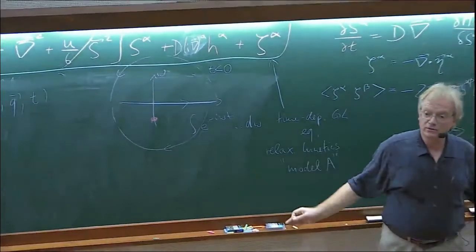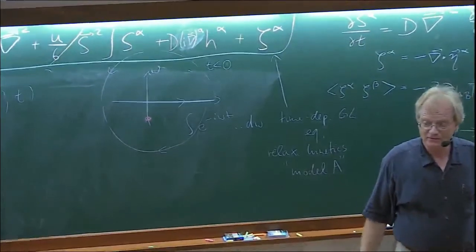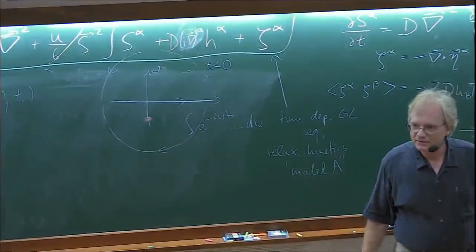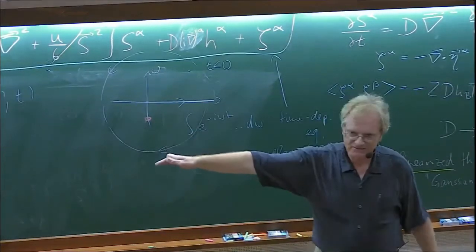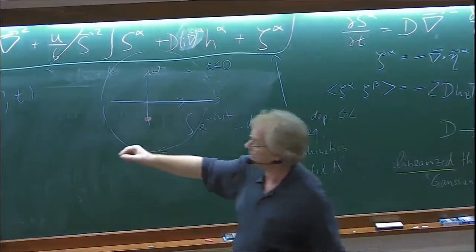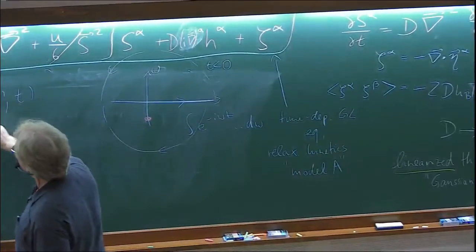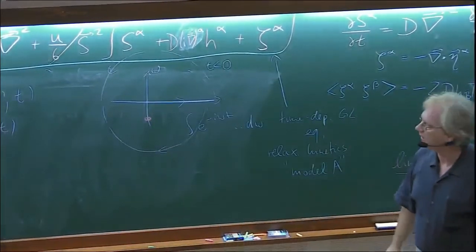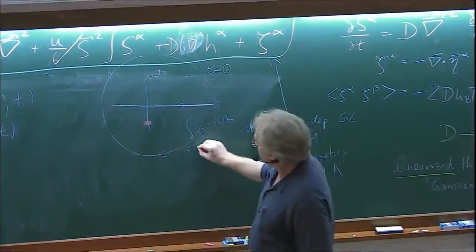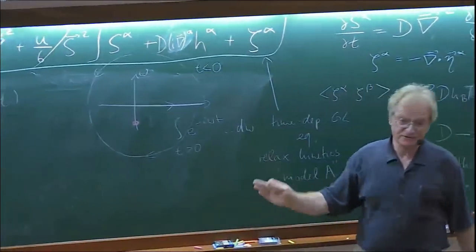There's no pole involved, so I'm getting 0, which is good news. It just means we haven't fouled up because this needs to be a causal quantity. It needs to be proportional to theta of t. So good news, it's proportional to theta of t because for t less than 0, we're getting 0. For positive time, for the same reason, we have to close the contour downstairs.